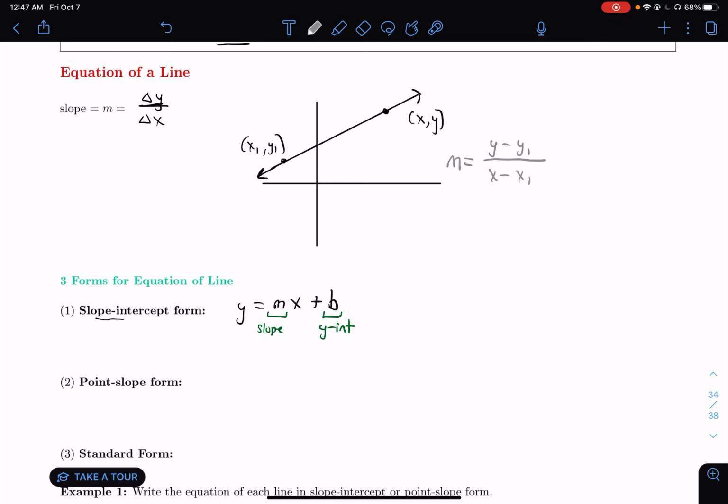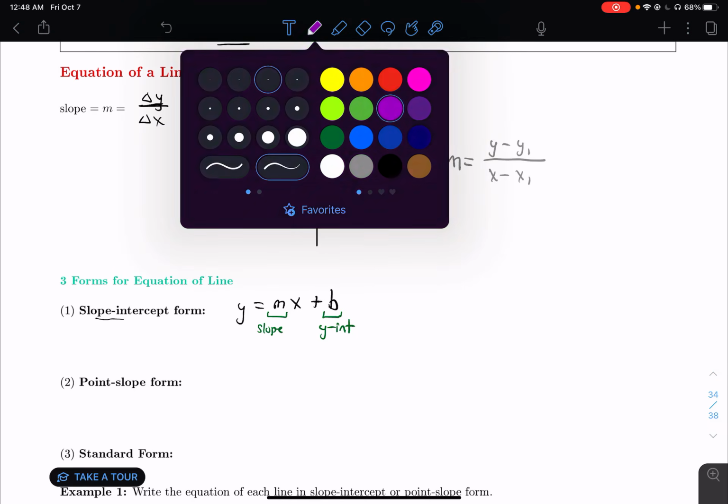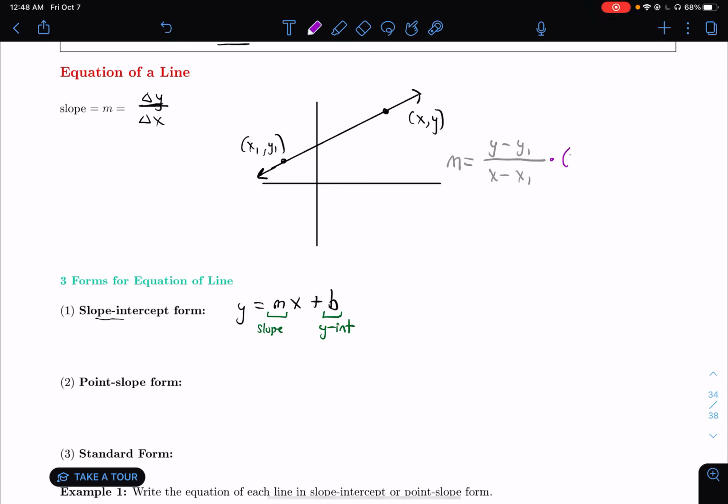Now I'm going to get rid of this fraction by multiplying both sides by the denominator, x minus x1.